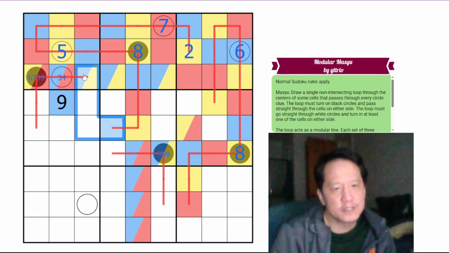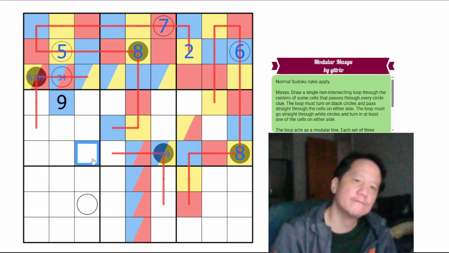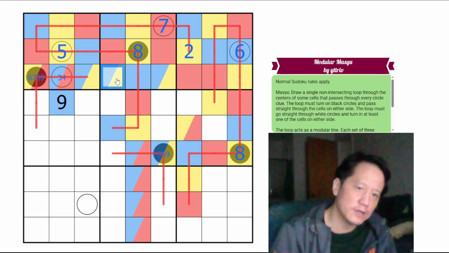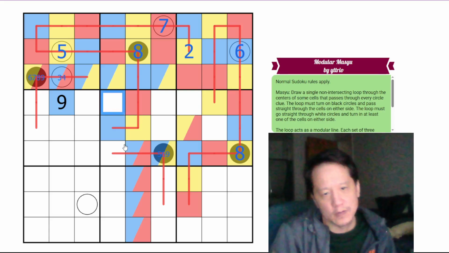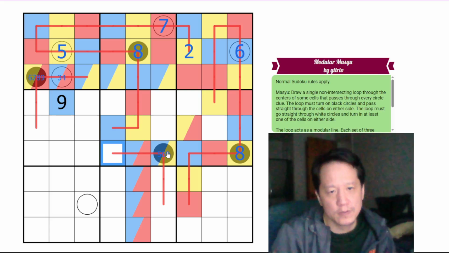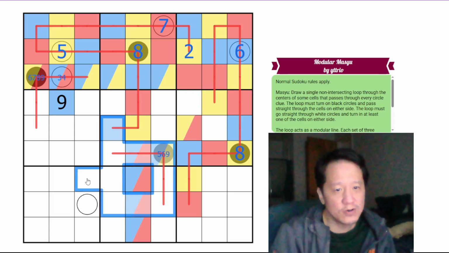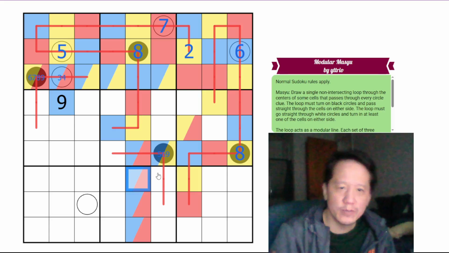So this has to connect this way. Can it be 4? If it's 4, this is red, which makes this blue, and then this yellow. That's possible. This cannot connect to... I mean, it could actually connect to there, maybe.